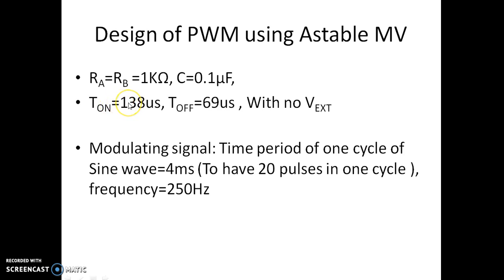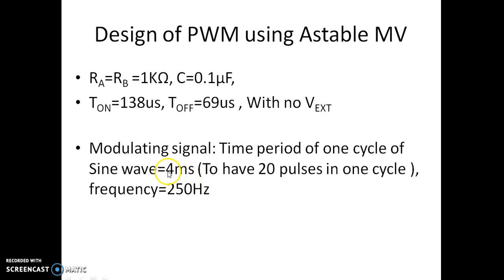It results in an on time of 138 microseconds and an off time of almost half of that, because this is the case when there is no external voltage applied, that is, VTH is 2/3 VCC. Instead of having 2/3 VCC, suppose we apply a sine wave of larger amplitude, of course it should be centered around half of the VCC.